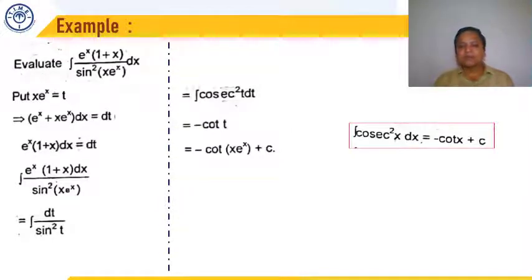So that is replaced by dt, and the question simplifies to a simpler form. Integration of cosec square t dt, and then that is minus cot t, and we replace the value of t as x e to the power x and put a constant of integration. So this comes out to be minus cot x e to the power x plus c.